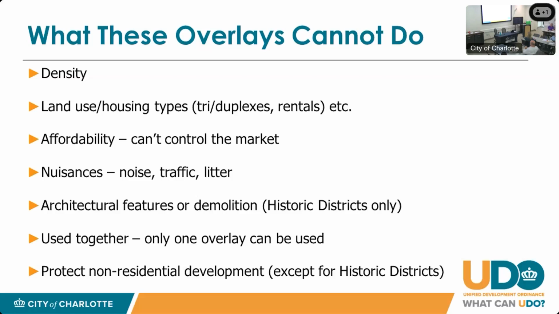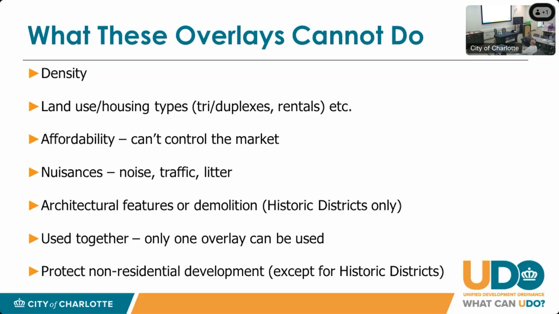The neighborhood character and the residential infill overlays only apply to residential areas, including single-family, duplex, and triplex buildings. They cannot be applied to larger apartment complexes or commercial developments. And lastly, only one overlay can be used at a time. They cannot be combined.